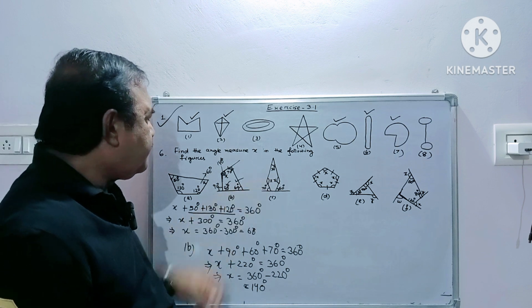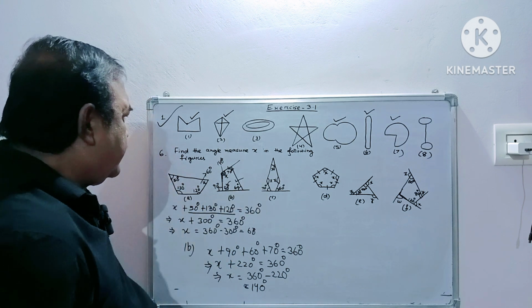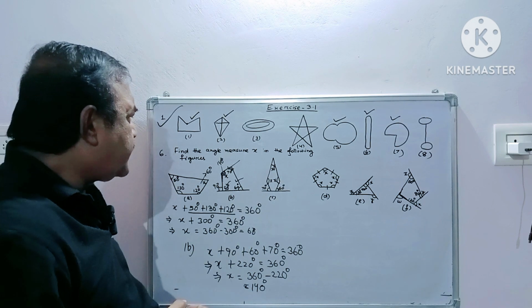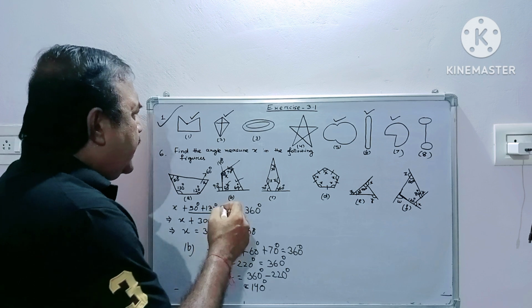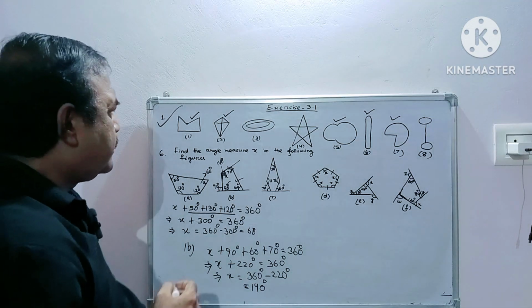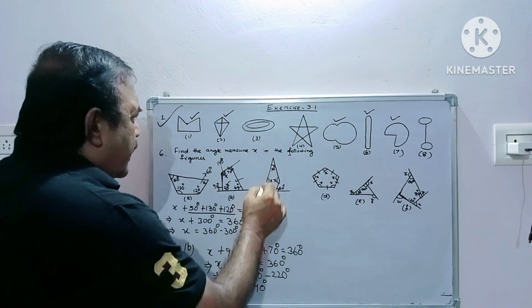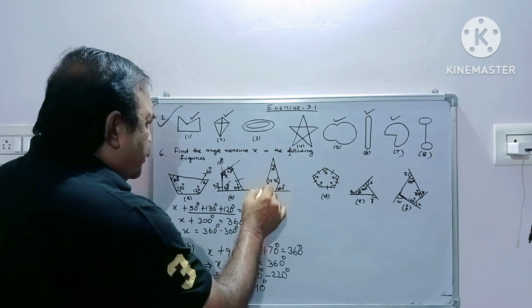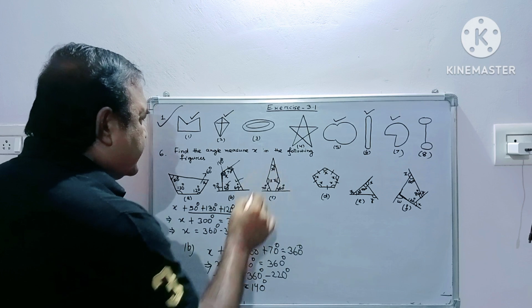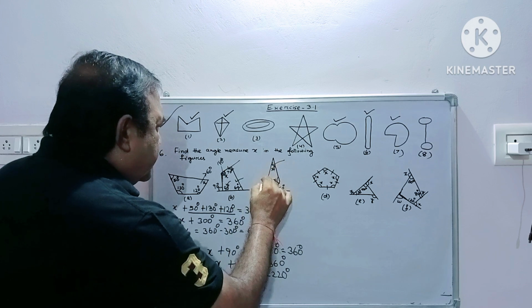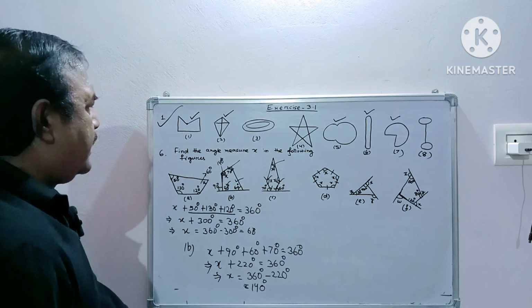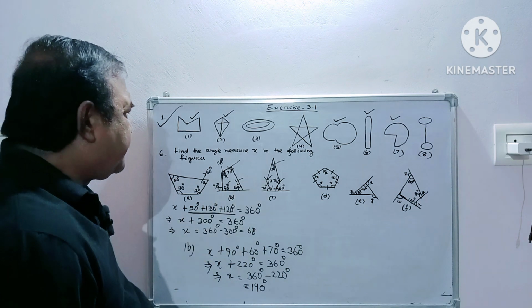So come here. You see the measures of two angles, they are the same. And how many angles do you see? 1, 2, 3, 4 and 5. And it has also 5 sides.